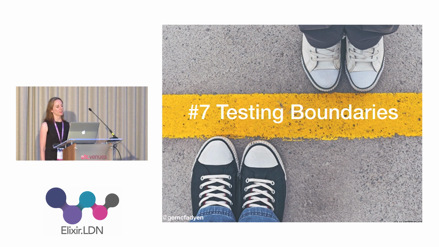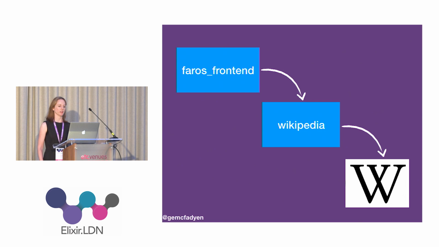Something else to be aware of is the boundaries that your tests cross. Another example we have is almost like a full scenario test, where our controller tests invoke another service, like the Wikipedia service, and that actually goes externally to an external API as well. It's easy to forget how far through your umbrella some of your tests are actually flowing.